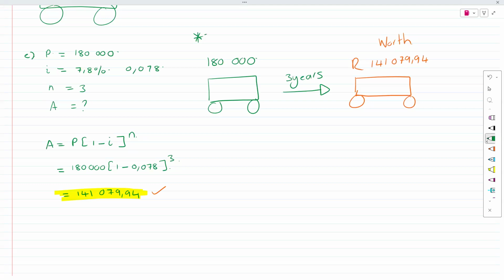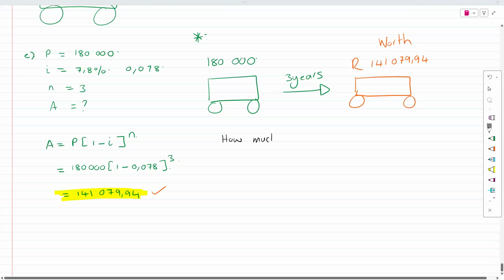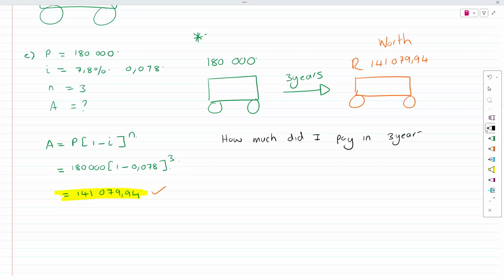Now, the second part is that I'm going to find out how much I paid in 3 years. And when I do that calculation, I get P, I get I, I get X, and I get N. This question wanted me to use 3529.99, and we know it's 3 years.